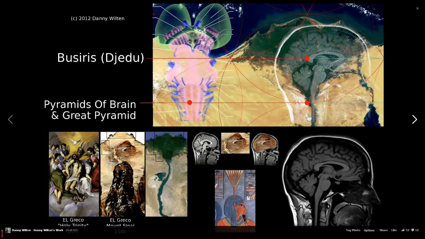This is one of the things the Egyptians were showing us. And right here is where the pyramids of the brain are located, exactly in the same area. So this is one check we can do right here. This happens to be the center point, where we start our flower of life. We draw these circles around, and it helps us pinpoint what we're going to do next.